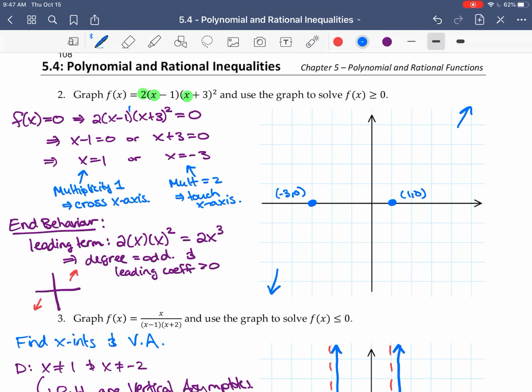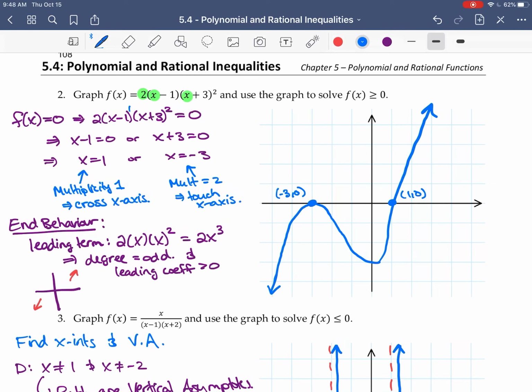We know that it crosses at 1, but it just touches at negative 3. So it's going to come up like this, just touch the x-axis at negative 3. I guess we could have found the y-intercept as well, but it doesn't really matter. Then it's going to cross up here and leave like that. So it looks something like that.